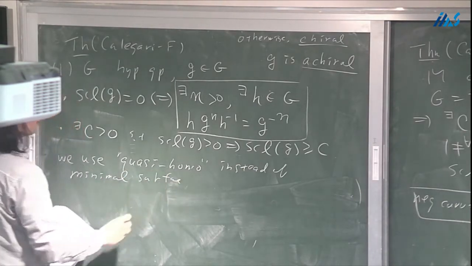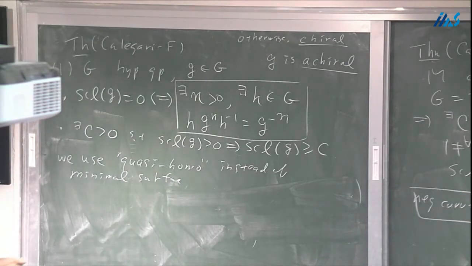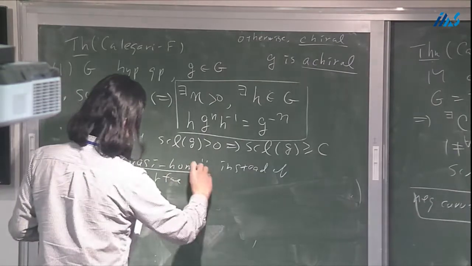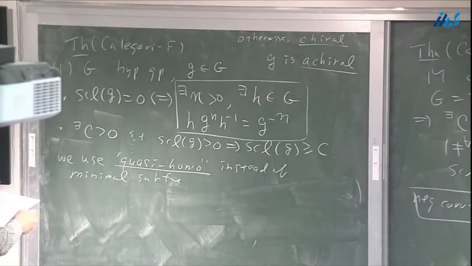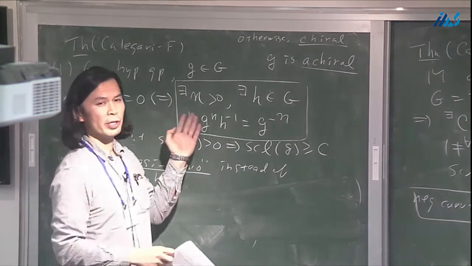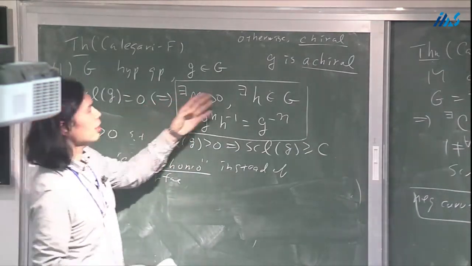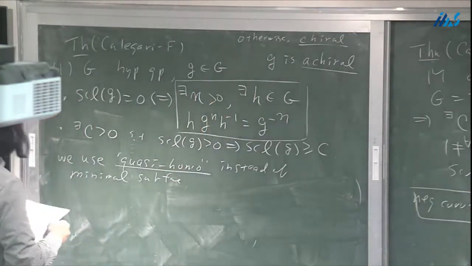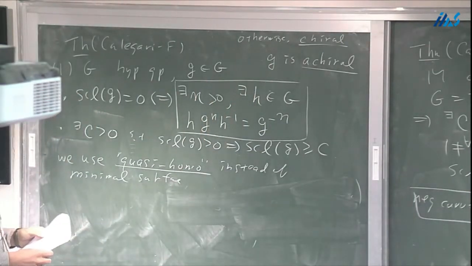I mean, nobody uses minimal surface, so we didn't use that either. But I'm not going into detail of this one. And also, of course, in the free group, in Carr's statement, any non-trivial element in a free group is chiral too.